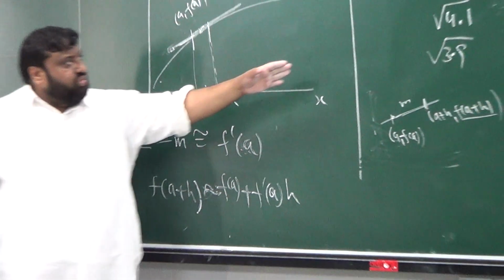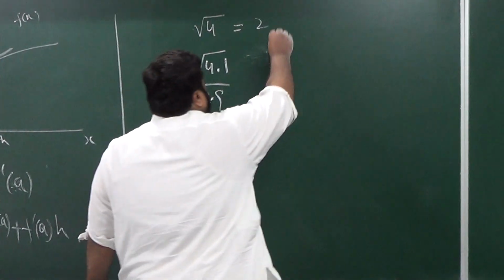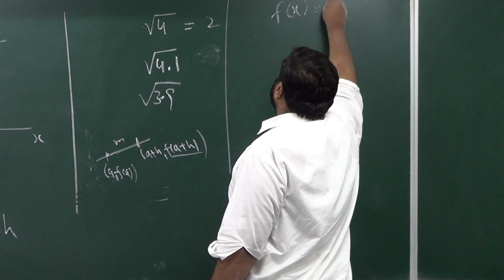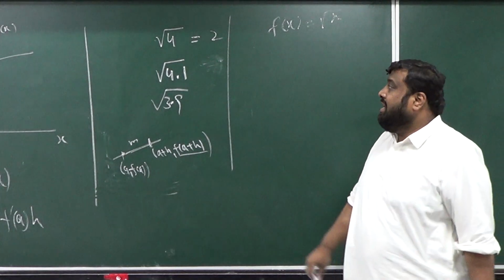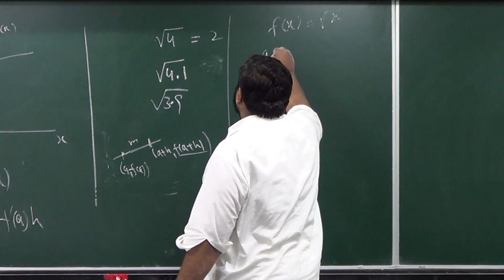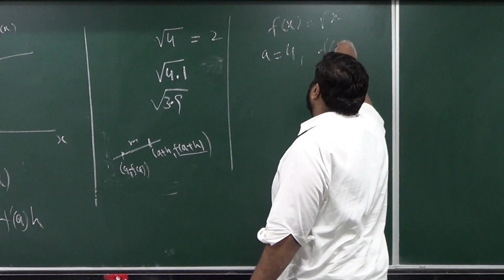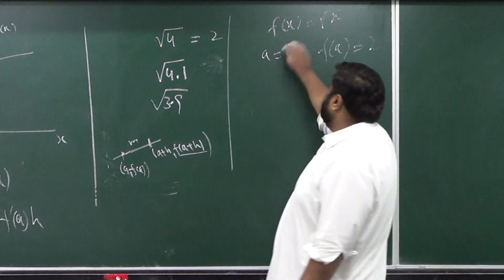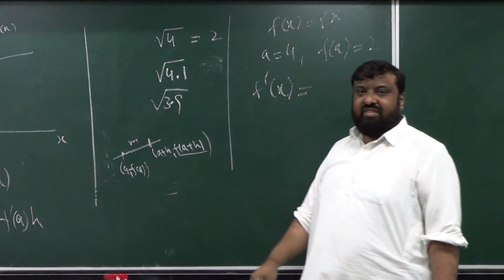So how can I use it to, for example, compute this? Take your function as the square root of x, and take a as, for example, 4. Then I know that f of a is 2. What would be the derivative, f prime of x?